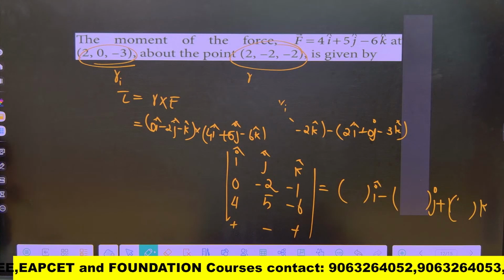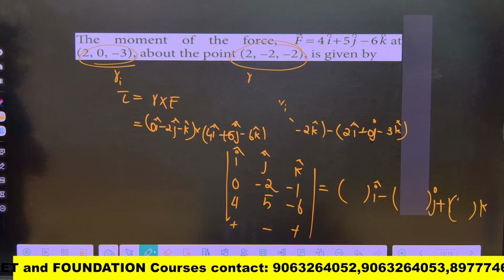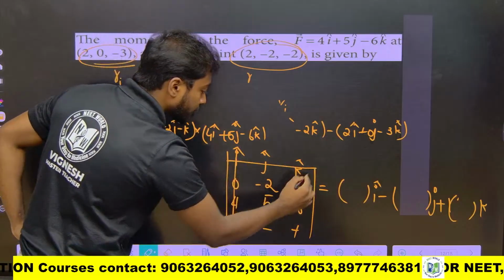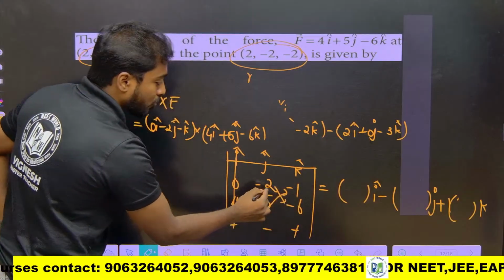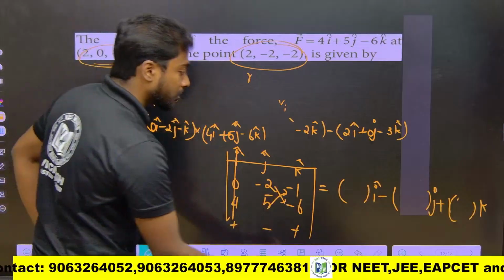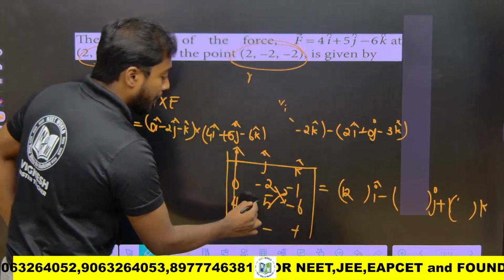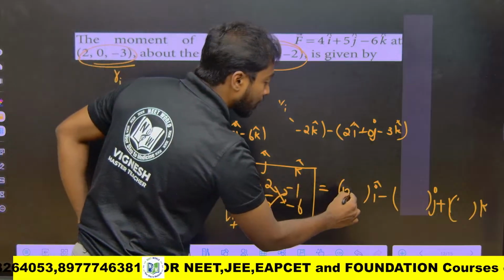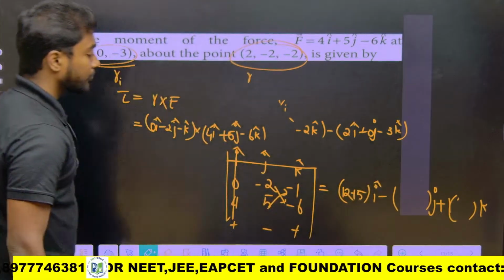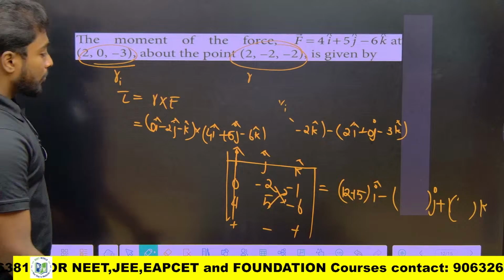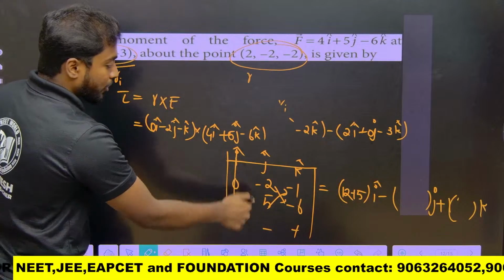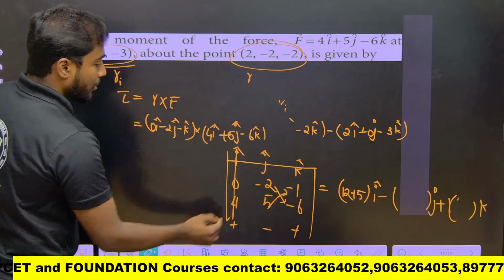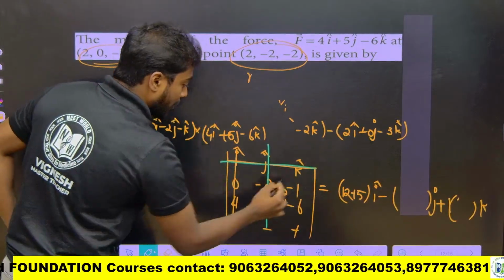So when you are finding for i, close this one and cross multiply. So minus 2 times minus 6 is 12, minus 5, so 12 minus 5. Now if you want to find j, close this and cross multiply.